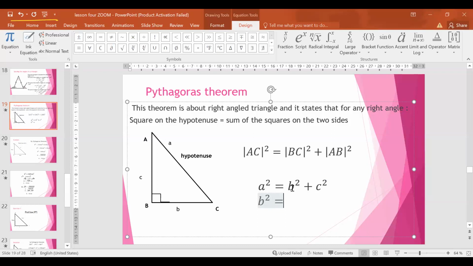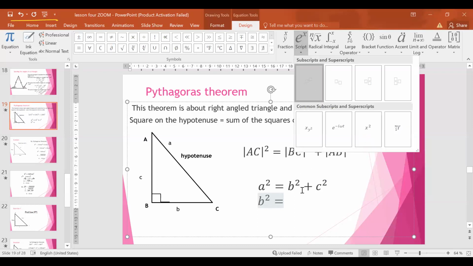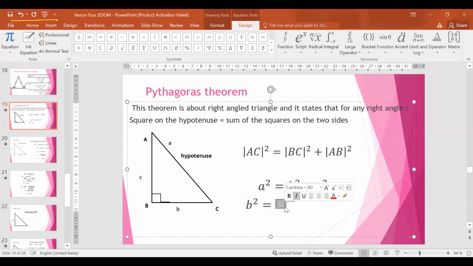That means we will have C squared coming here, so we can have A squared minus C squared.